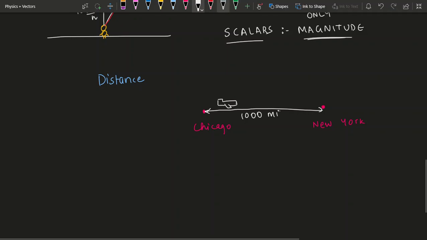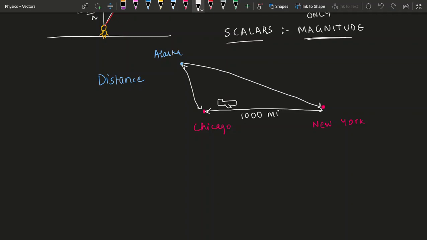But then you could also have done something pretty different. You would go from Chicago and you would get to Alaska, and from Alaska you would then take a connecting flight and you would get to New York.